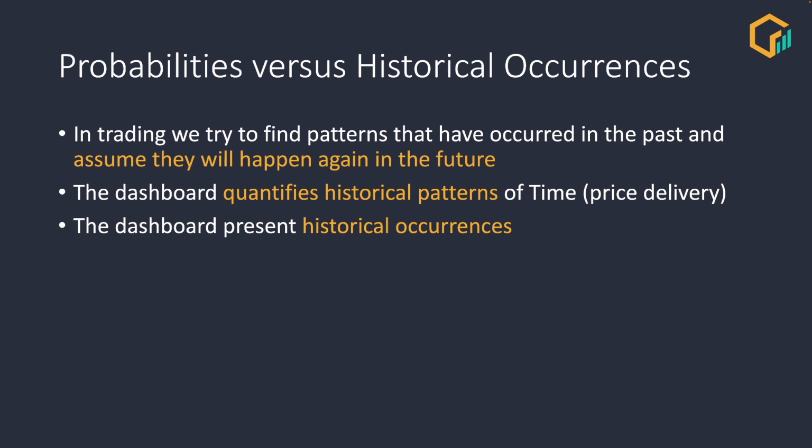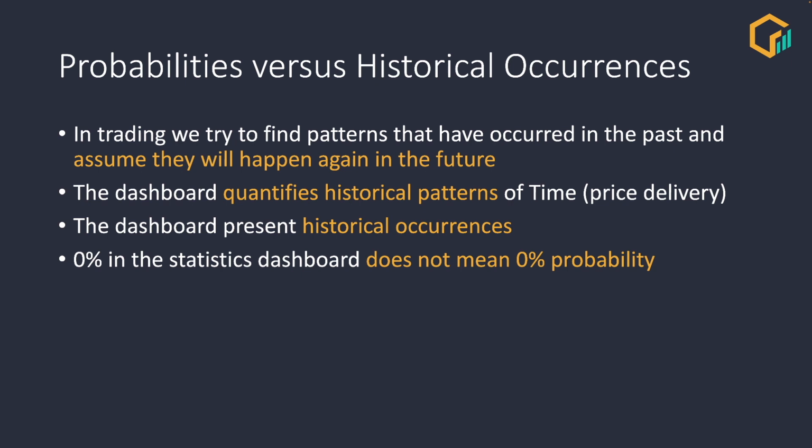And I want to really emphasize here that historical occurrences are not the same as probabilities. So when you see the dashboard say 0% for a certain event, that does not mean 0% probability. Historical occurrences just say that in your selected time frame, whatever event you're looking at has happened 0% of the time.